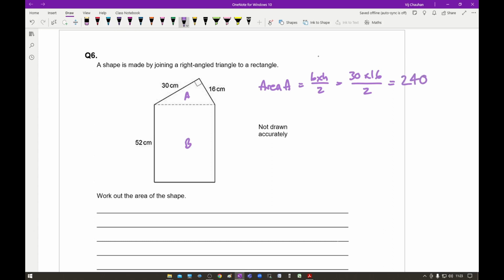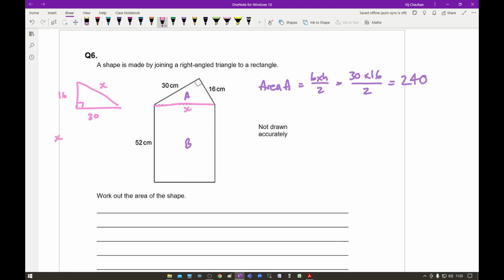Now, in order to work out the area of B, I need to know what this length here is. To do that, I need to use Pythagoras. If I take that triangle out, this length here is 16, this length here is 30, and I need to know what that length there is.